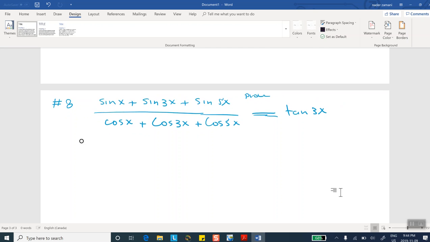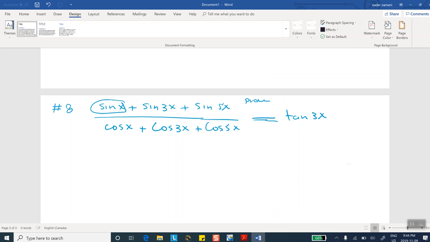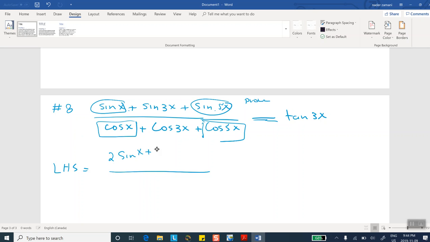So this may not be the best way of doing it, but here's what I plan to do. These two I'm going to group together, and these two I'm going to group together. So the left-hand side equals, first of all, for these two together, you have a formula for it. You can turn it into a product: 2 sine of (x plus 5x) over 2 cosine of (x minus 5x) over 2, and of course the sine of 3x is left over.